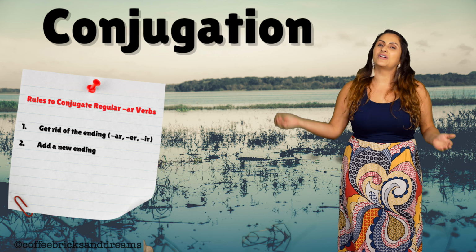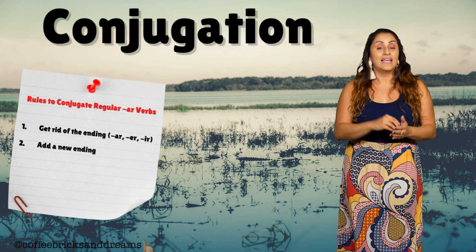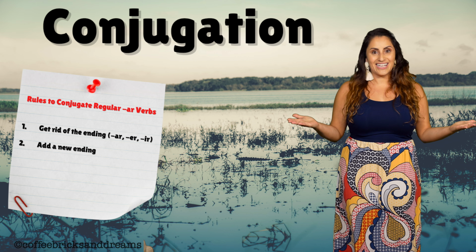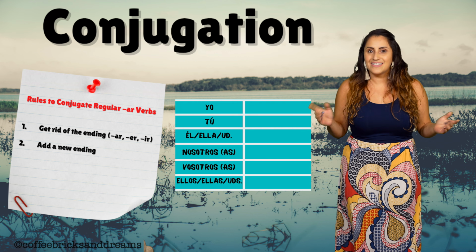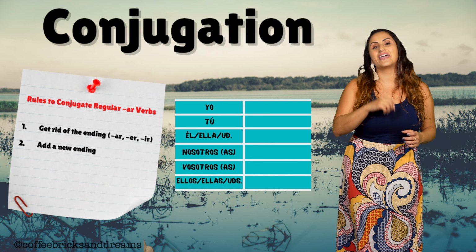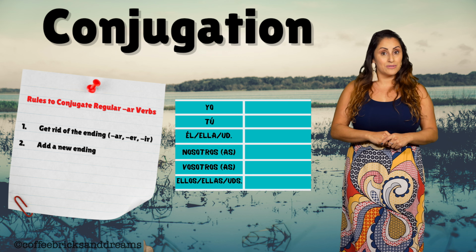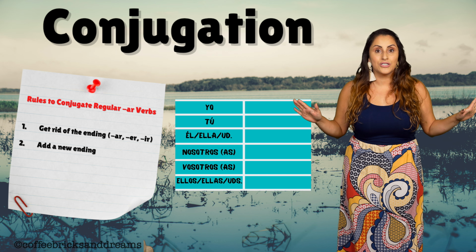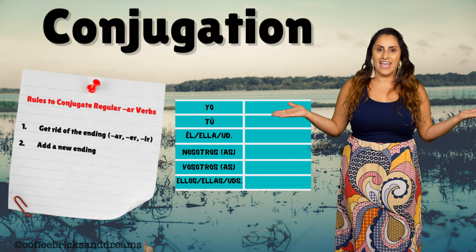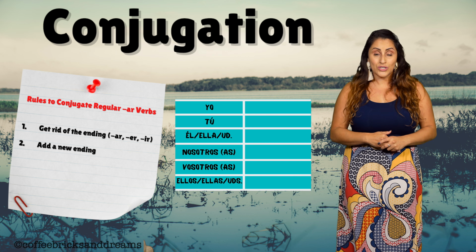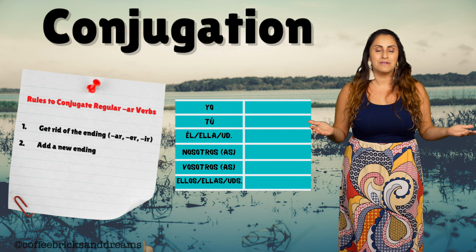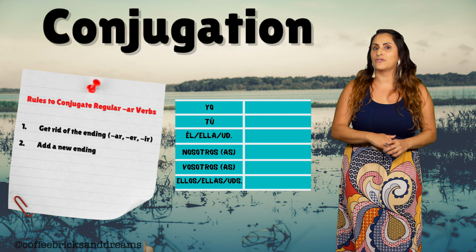And then we are going to add a new ending, depending on who's performing the action. We said that those endings go according to the subject pronouns. So if you've been working on memorizing those subject pronouns, all you will have to do is memorize the endings today. But if you need a little practice, that's okay. Continue to do so and practice a little bit more until you have those subject pronouns down.